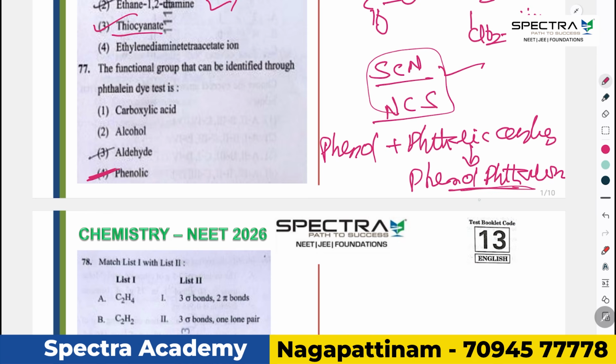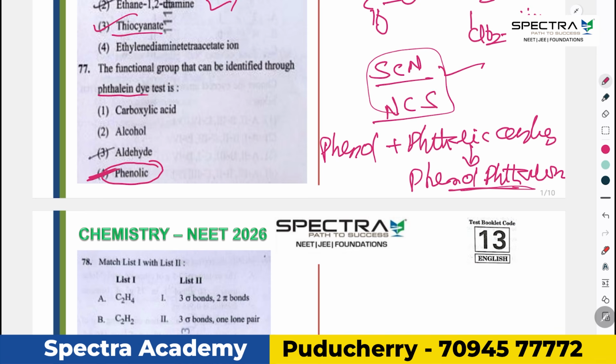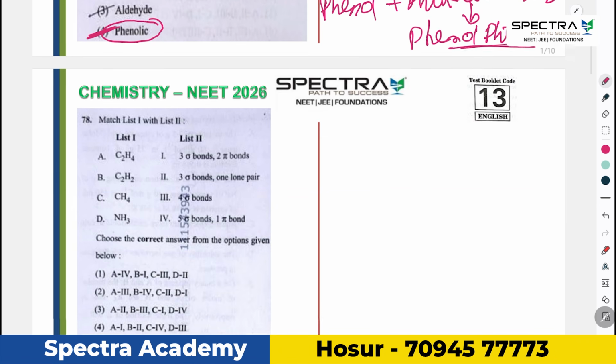Phenolphthalein is colorless, and it will react with NaOH and change to pink. So only the phenolic group will give the phthalein dye test. Okay, we'll move to the next question.